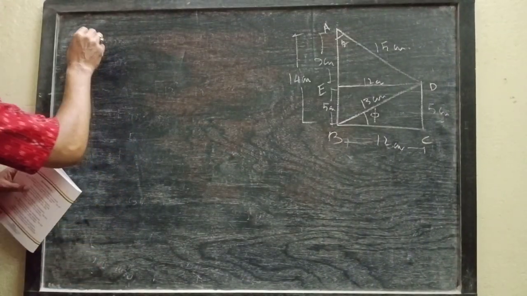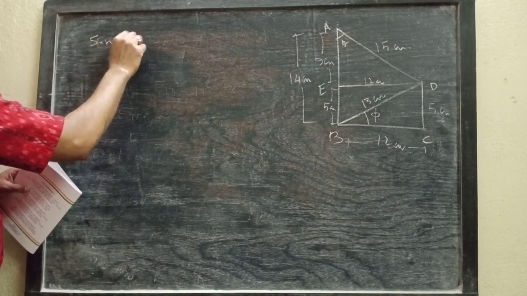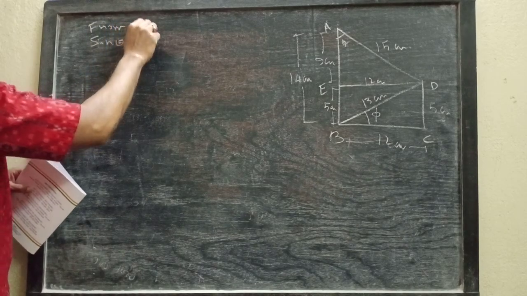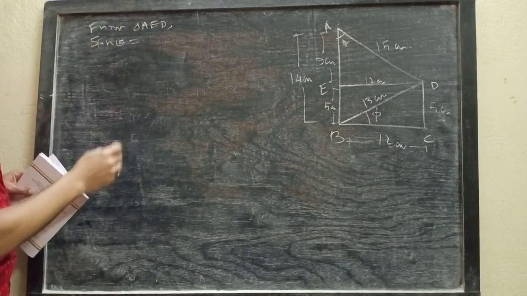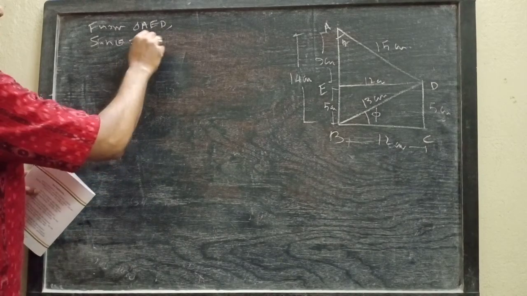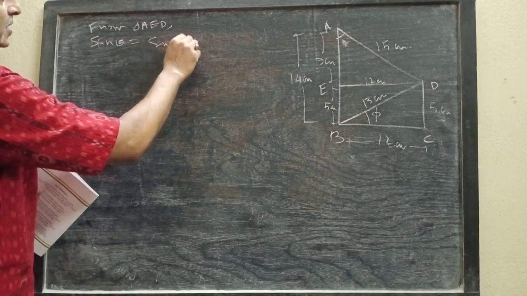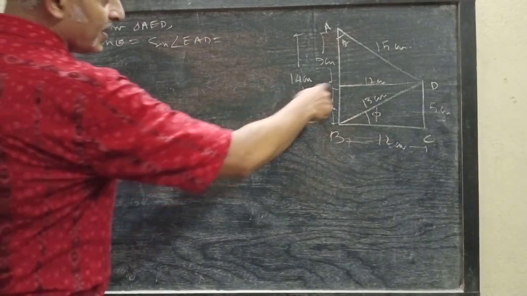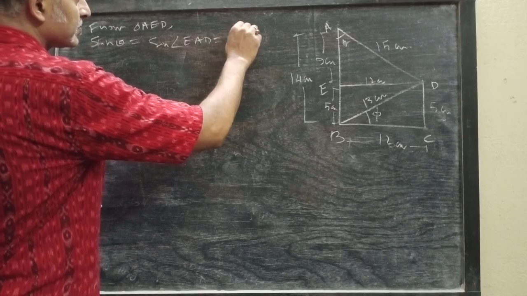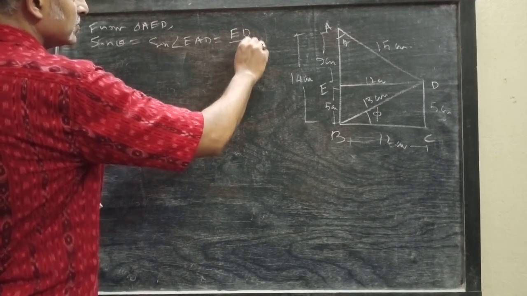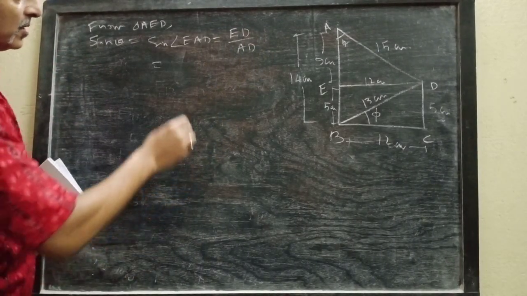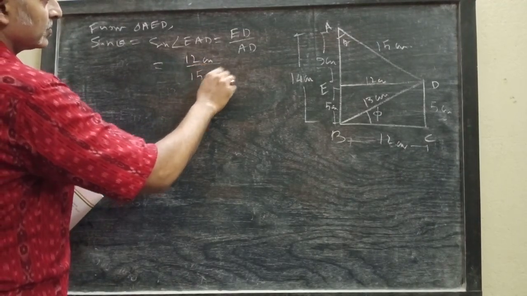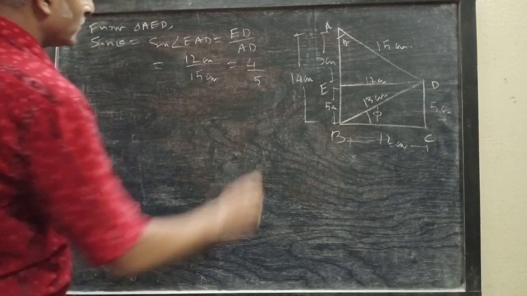Now sin theta from triangle AED. Sin theta means sine of angle EAD. This will be P by H, that is ED by AD. ED is 12, AD is 15 centimeter. This will be 4 by 5.